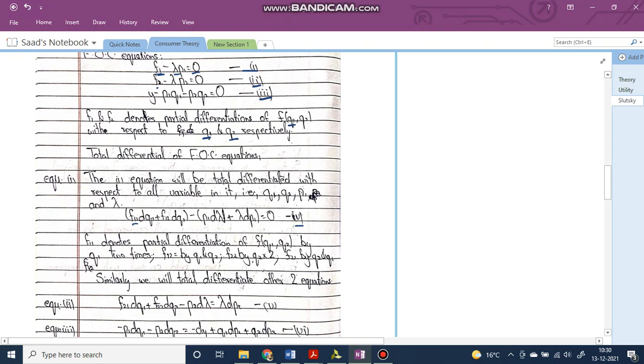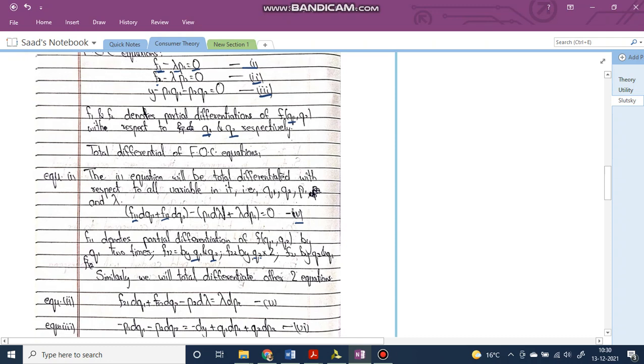Now here again f11 denotes that our utility function f q1 q2 is partially differentiated by q1 two times, and f12 denotes that our utility function f q1 q2 is differentiated first by q1 then by q2. Then f22 means that it is differentiated by q2 two times.